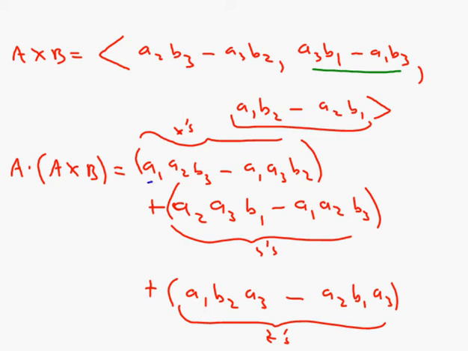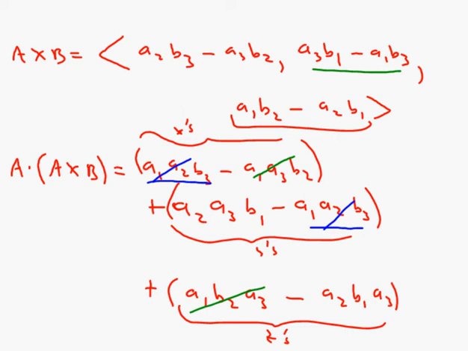Here is A1 times A2 times B3. Where is that? A1 times A2 times B3 is right here. So this is plus and this is minus. They're gone. Okay. Looking good so far. This one has A1, A3, and B2. So A1, A3, B2 is down here. Those guys cancel. And then hopefully those other two match.